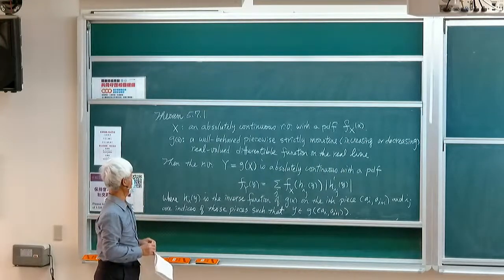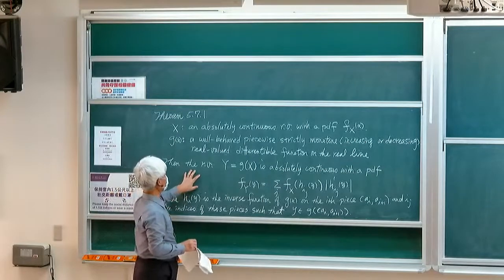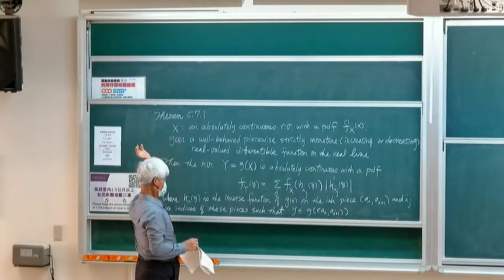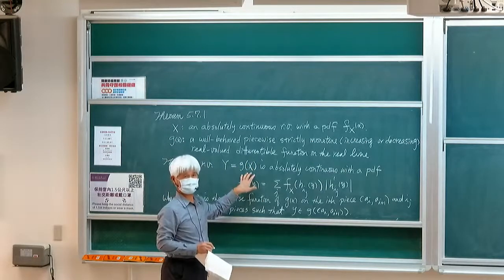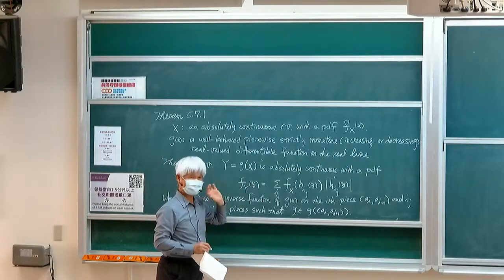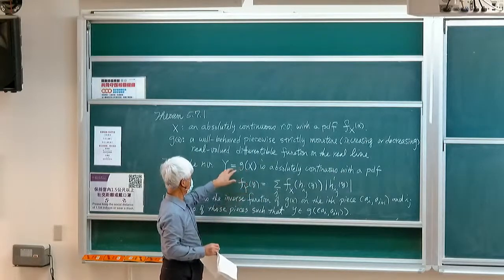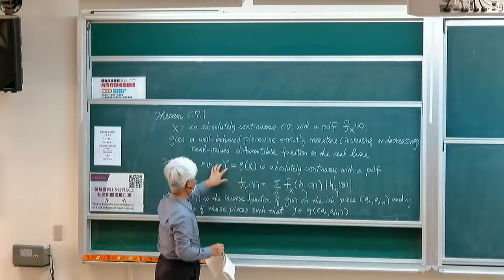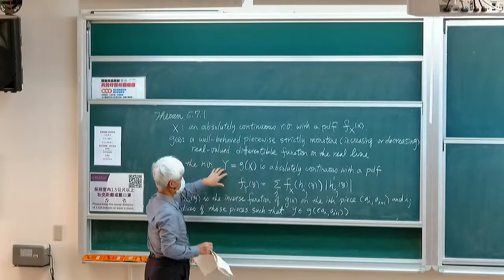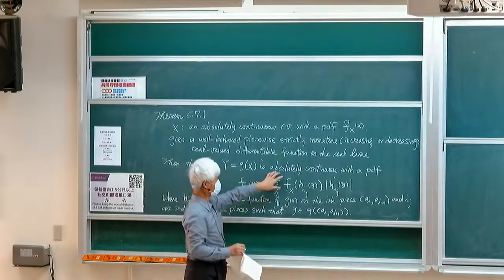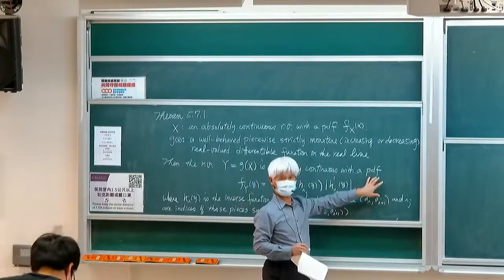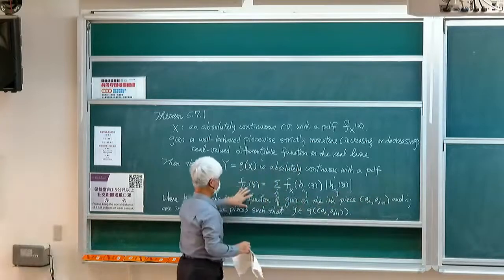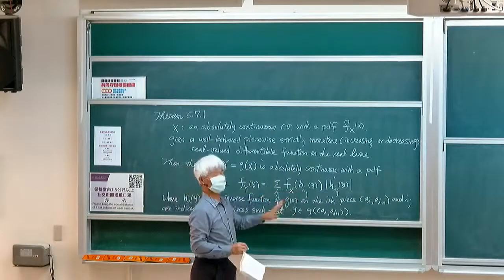Okay, and so as we know, g of x will be a random variable again, and we call this new random variable, this data processed result, y. This random variable is also absolutely continuous, and we can find a PDF for y, and this PDF is here.